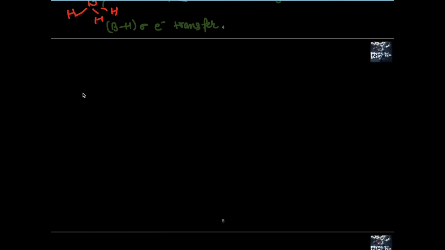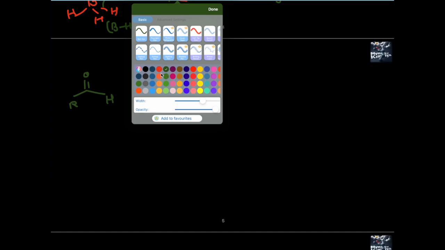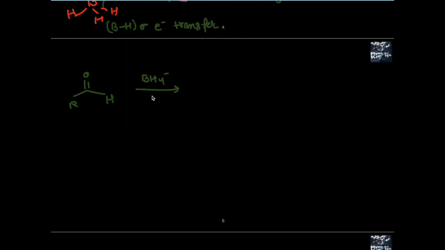So how it works: let's suppose we have an aldehyde, and BH4 negative from NaBH4 will transfer the boron hydrogen sigma bond like this.